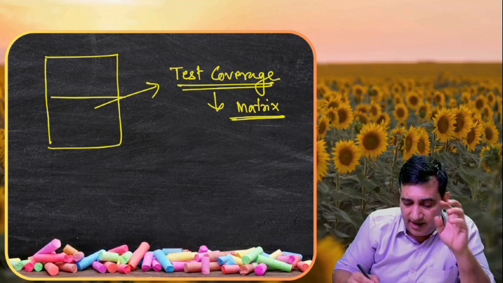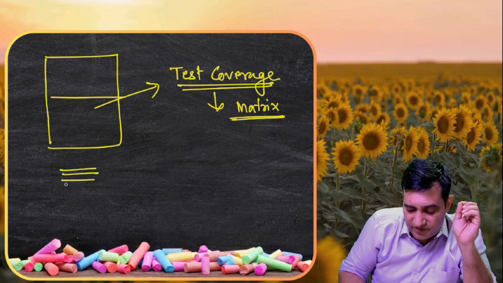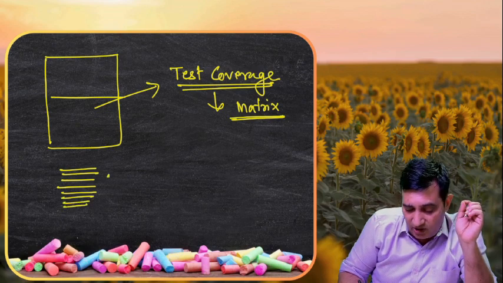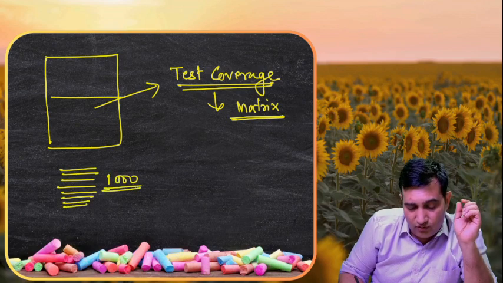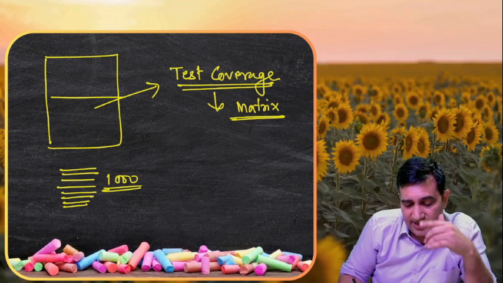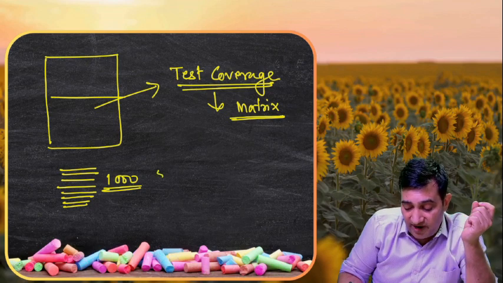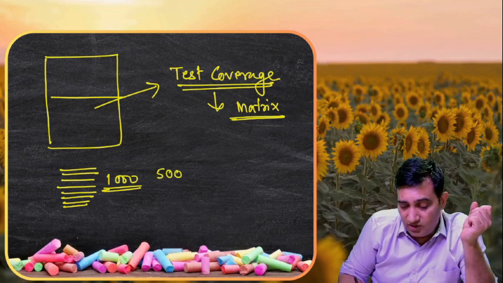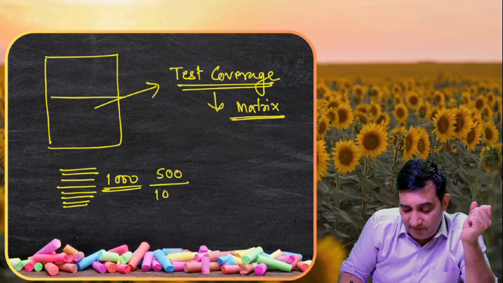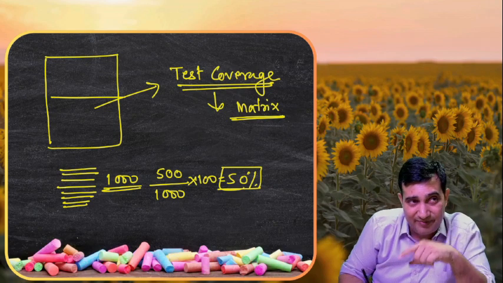For example, an application has 1000 lines of statements, and the use cases you have tested against that could only cover 500 statements. So 500 divided by 1000 into 100, that means 50% is your test coverage for statements.